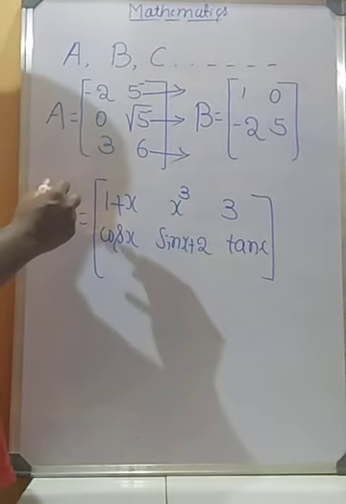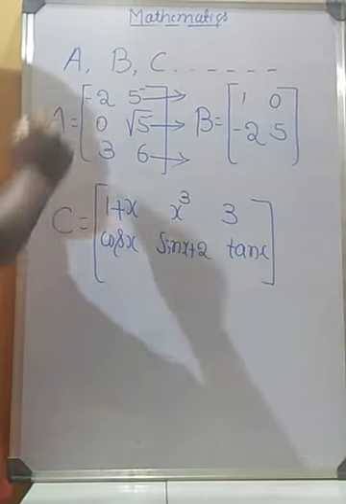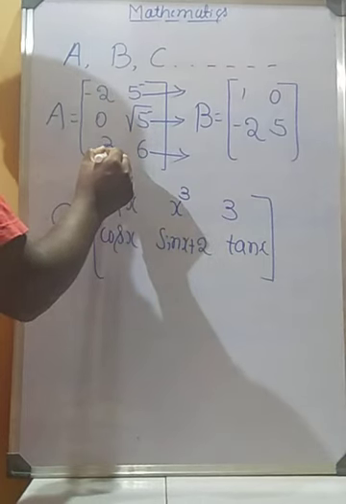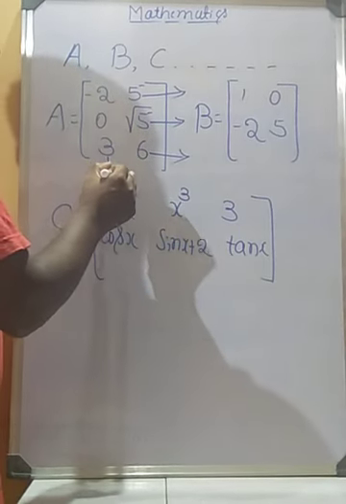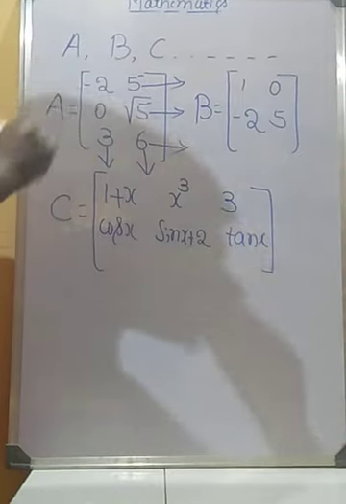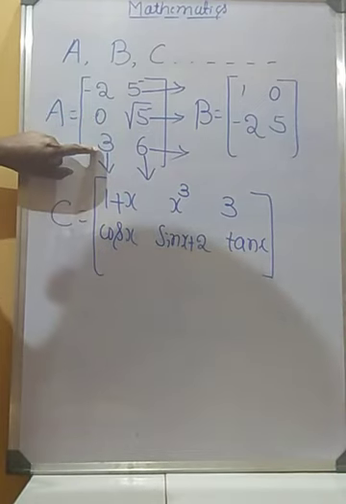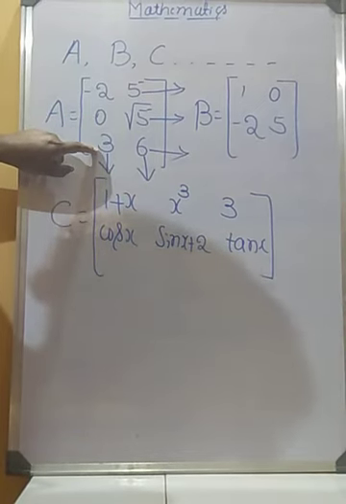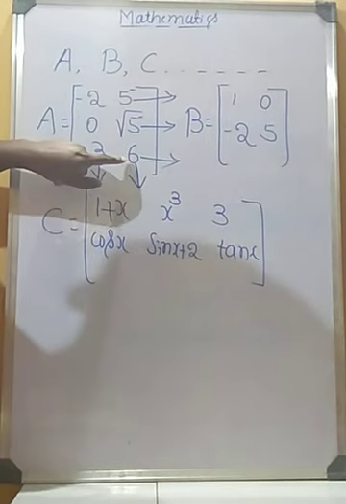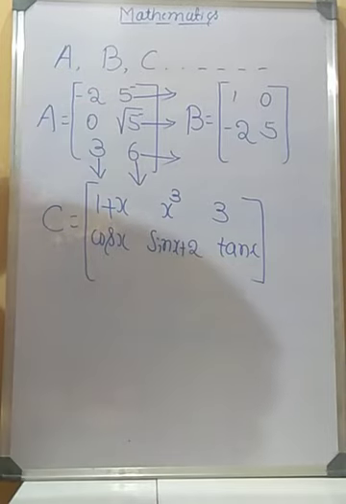The horizontal lines of elements are called the rows of the matrix and the vertical lines of elements are called the columns of the matrix. Again in matrix A, -2, 0, 3 is the first column of matrix A and 5, √5, 6 is the second column of matrix A.